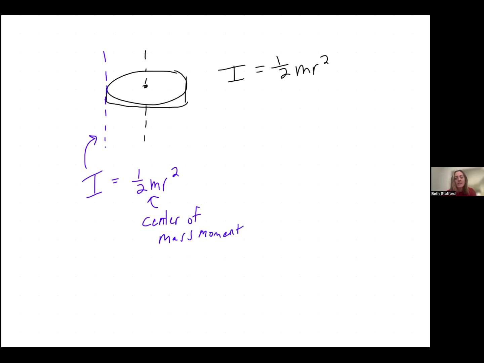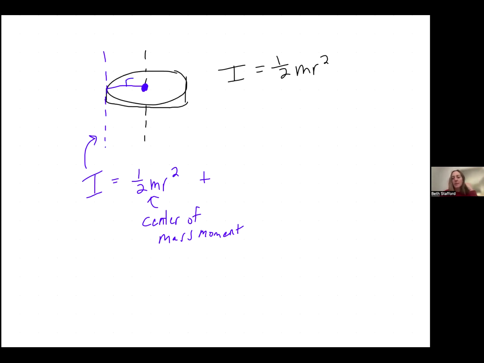We're going to add it to the moment of inertia if we imagine that this whole object is a point mass at its own center of mass, and we're going to rotate that point mass about the new axis. So instead of having a disk, we're going to just pretend now that we have mass m located here. And as it turns out, that's r away. We went one radius away from the new axis.